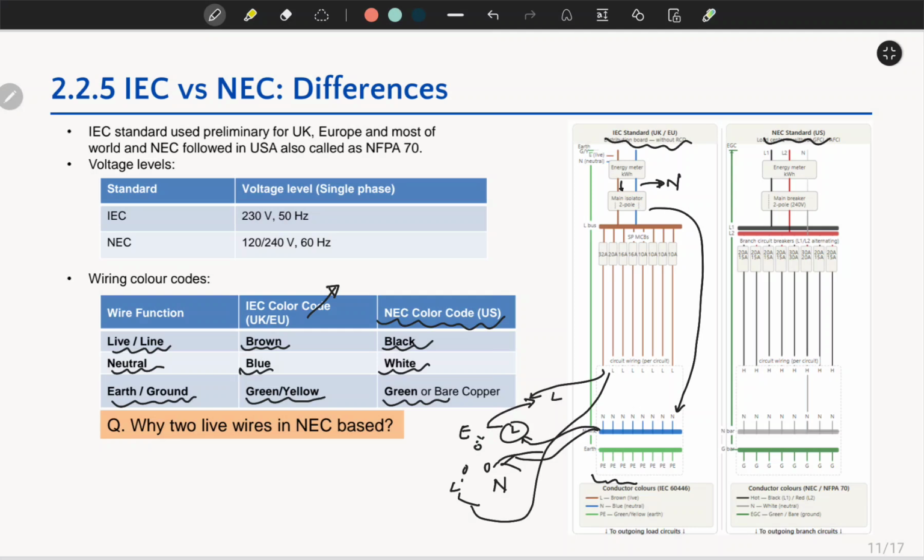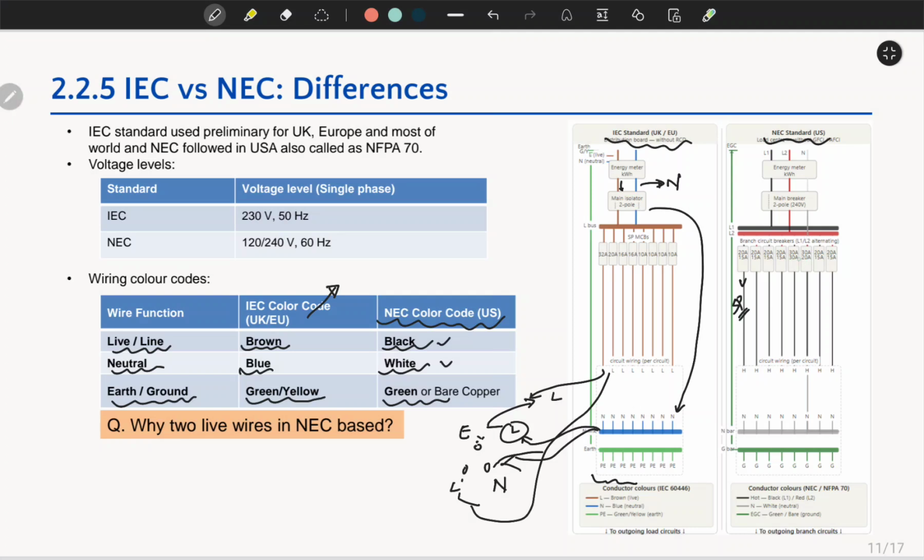In case of the NEC standard, we have two live wires, L1 and L2, and neutral. These are again based on the color coding I have shown here. So these are two points for live one and live two. For a few circuits only L1 is required, so my MCB will be single pole. SP, single pole, means it will only disconnect one circuit.